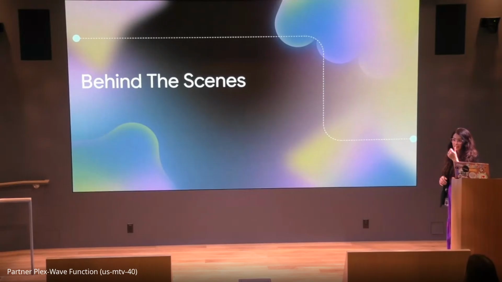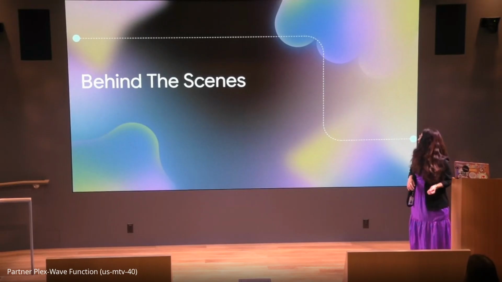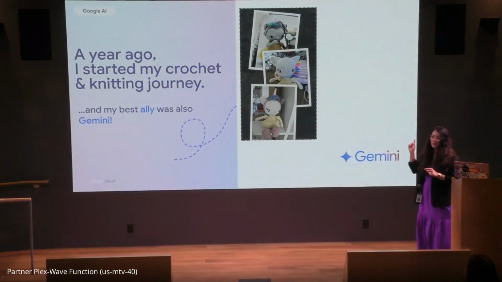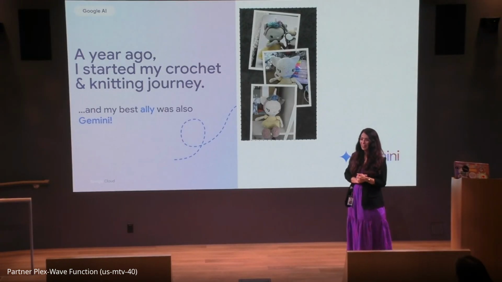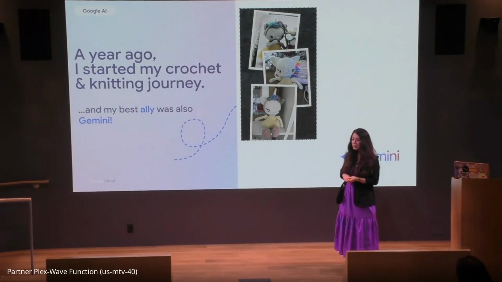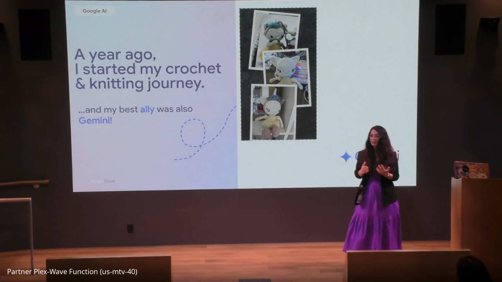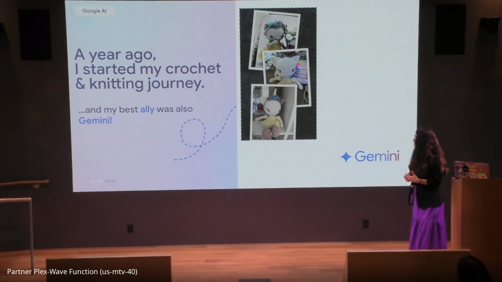Okay. So what was behind the scenes to create this story with Dreamboard? As we saw in the video, Almir, I also started my crochet journey a year ago, and I was using Gemini to upskill on the topic. I've never done that before, so I was using the same technology to get better at the skill.